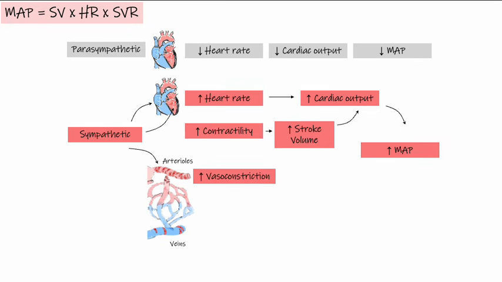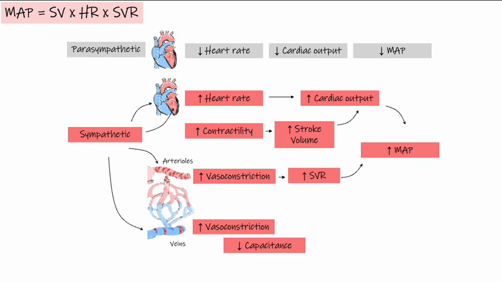Sympathetics go to arterioles. They cause vasoconstriction when we stimulate them. Vasoconstriction increases SVR. If we increase SVR, we increase mean arterial pressure. And sympathetics go to veins. When we sympathetically stimulate veins, we vasoconstrict the veins. We decrease their compliance.